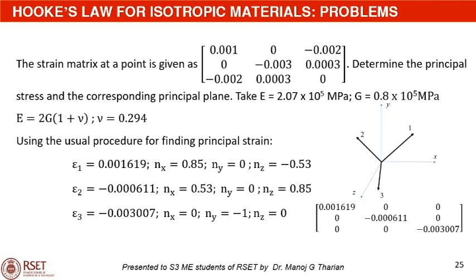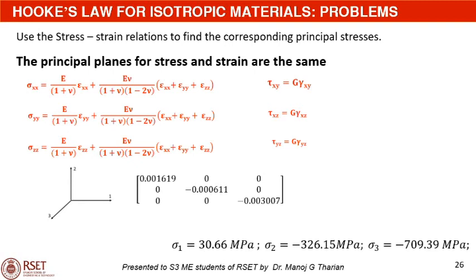Now, the strain matrix at the given point with respect to the principal coordinates 1, 2, and 3 can be written as shown in this matrix. Once we have obtained the principal strains, we can write the strain matrix with respect to the principal coordinates 1, 2, and 3.